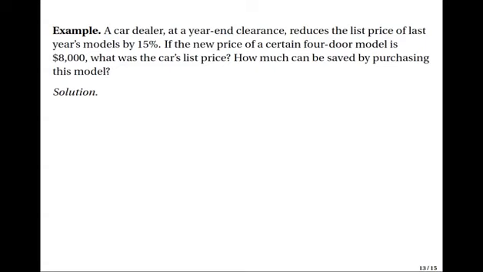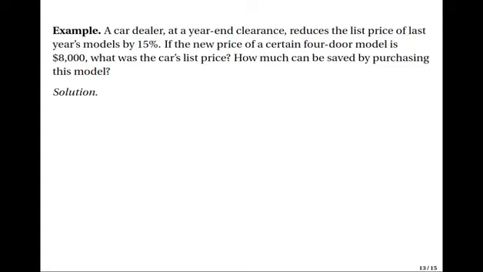So take note, the new price is 8,000. What was the car's list price? Meaning, what was the car's price last year? And how much can be saved by purchasing this model now compared to purchasing it last year?